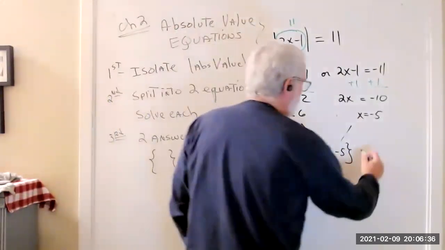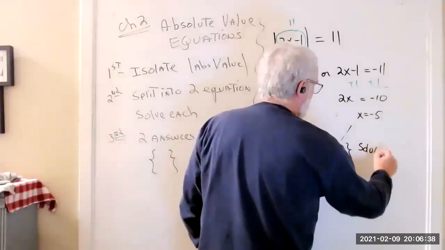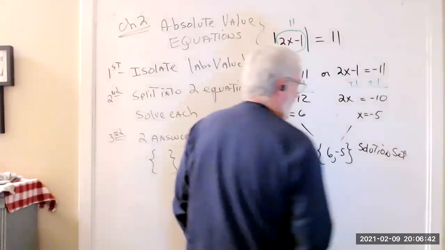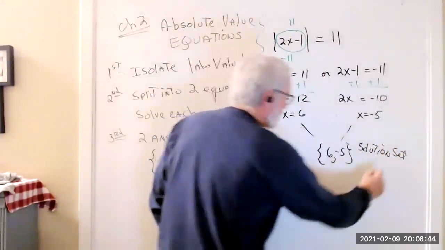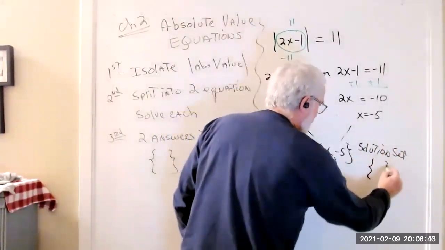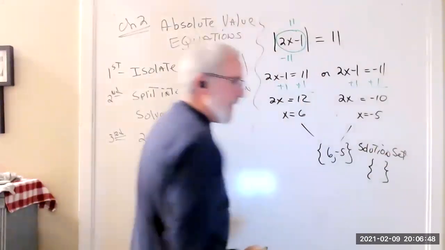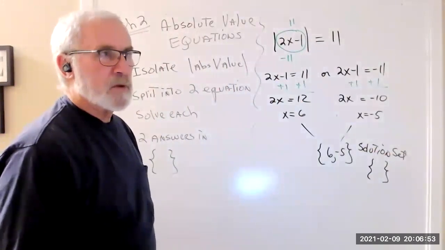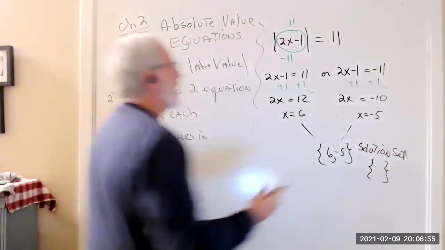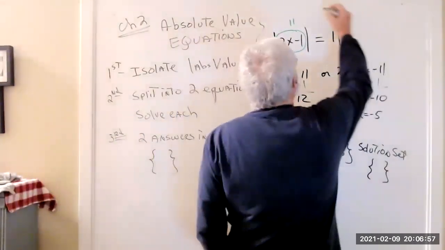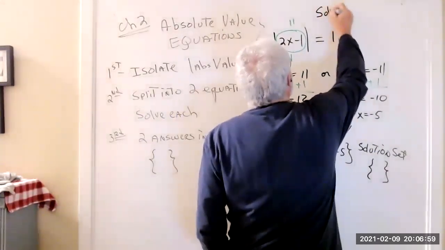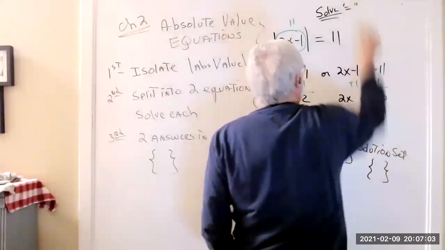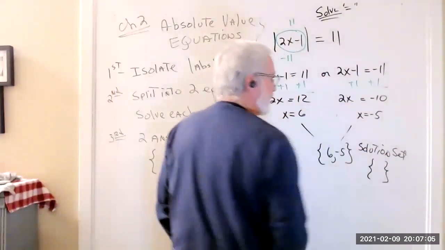This is called the solution set. Okay, and it's identified by these funny braces. Anything in there is your answer. Okay, and you always use this if it says solve and it's an equation, then your answer should be in there.